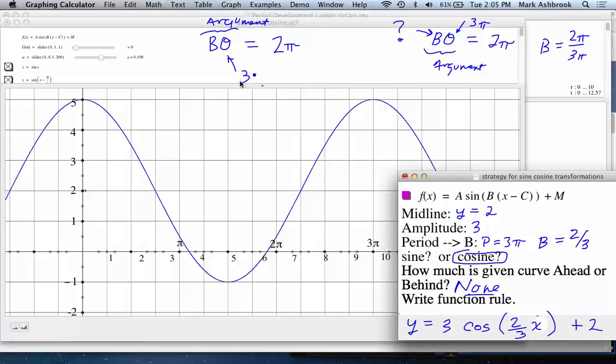So when that changing input quantity is 3 pi, we want that argument to be 2 pi. We're asking what coefficient B will make that happen, so that when we reach the input that gives us a full cycle, the whole argument is 2 pi. So I'm just dividing both sides by 3 pi. That's 2/3.